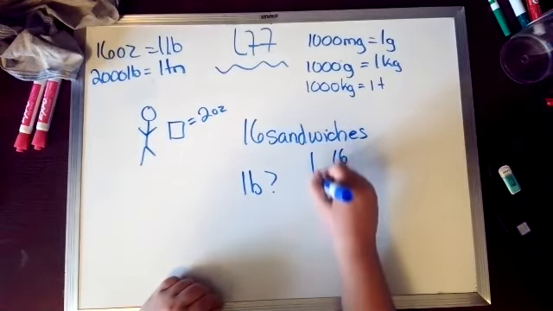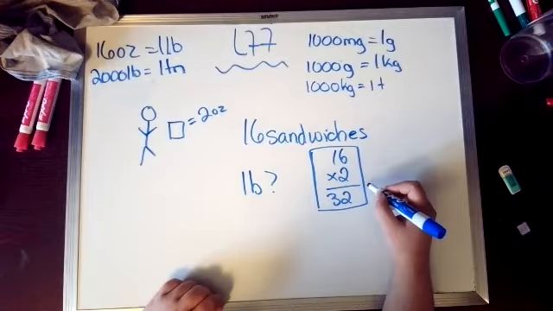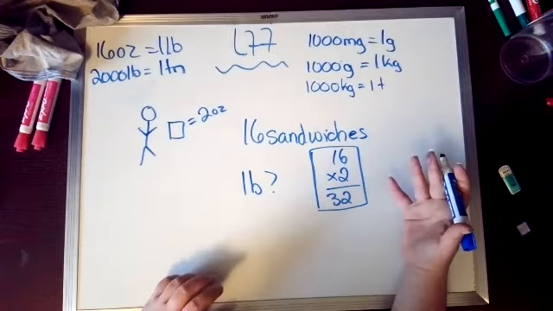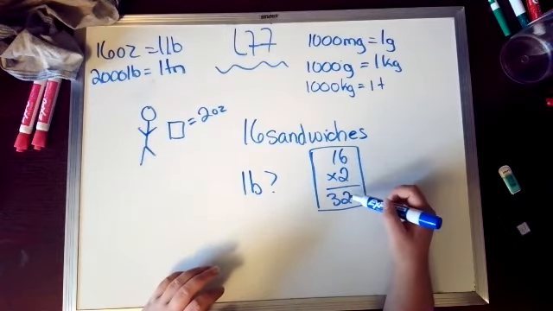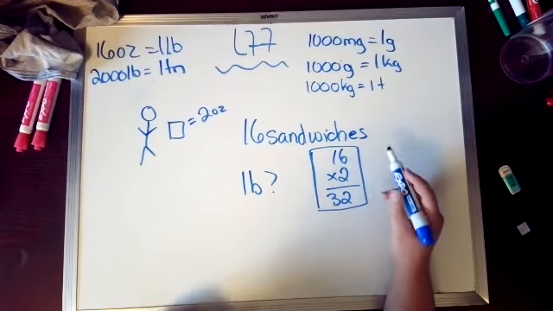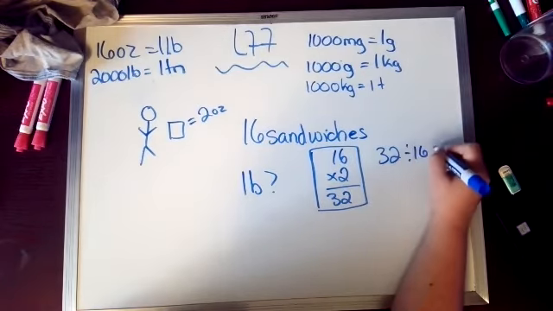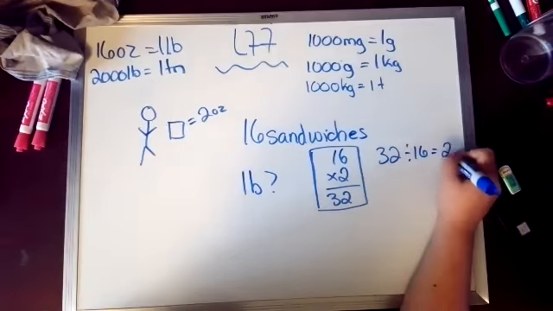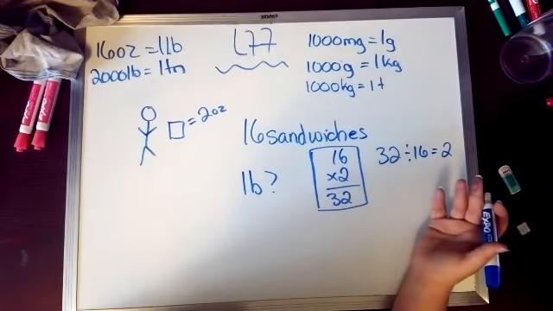The nice thing about this is I now have this number family. This number family means that I can make 2 division questions out of this, as well as 2 multiplication questions. So I could do 16 times 2 is 32, or 2 times 16 is 32. I can also do 32 divided by 16 equals 2, and I can do it the opposite way as well: 32 divided by 2 equals 16.